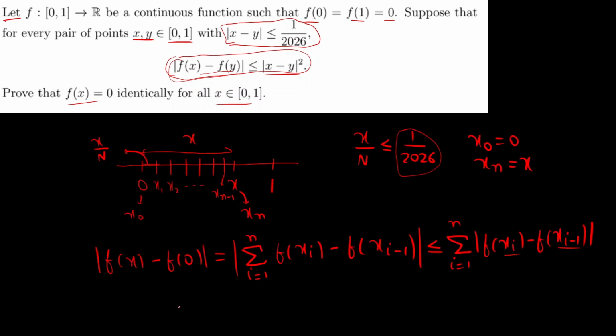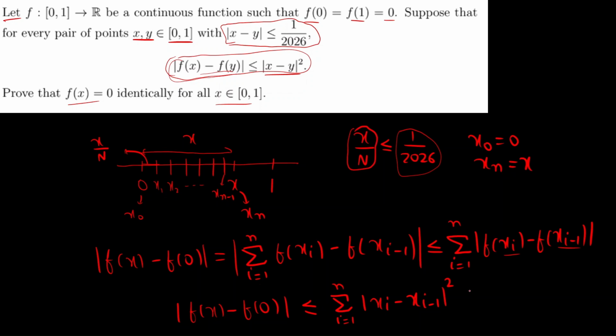Now I'll apply this property and I'll get mod of f of x minus f of 0 is less than or equal to summation i equal to 1 to n of mod of xi minus xi minus 1 whole square. Now since we divided this whole interval into equal segments, xi minus xi minus 1 is nothing but x by n.